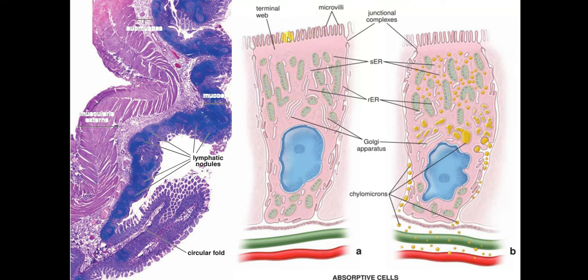Intracellular digestion happens with them. And here all the products like carbohydrates, amino acids, oligopeptides, fats, which are dissolved in the small intestine, are absorbed by microvilli into the cytoplasm. So what happens in cytoplasm?